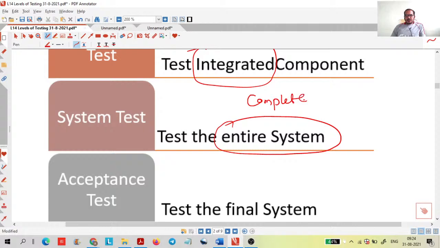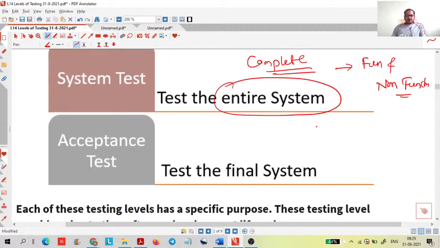Just now in your syllabus it is mentioned, both functional and non-functional testing. System is an all-rounder, we can say. We are testing all the functionality, functional and non-functional testing.